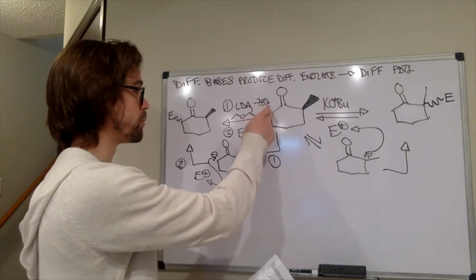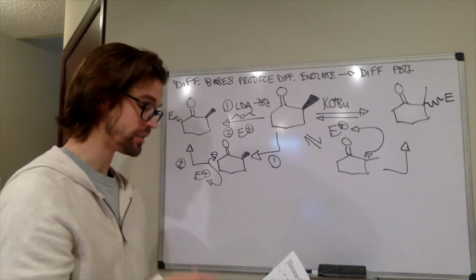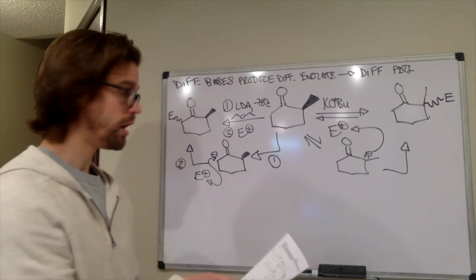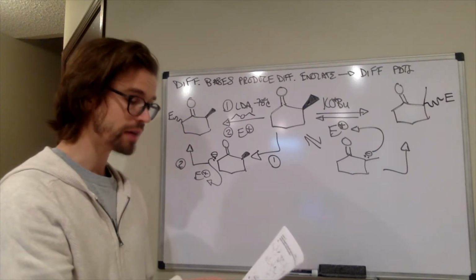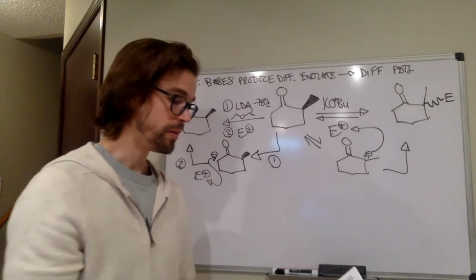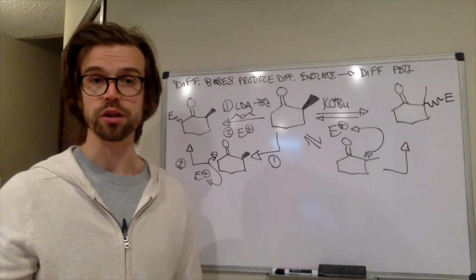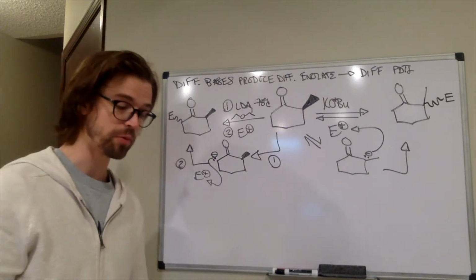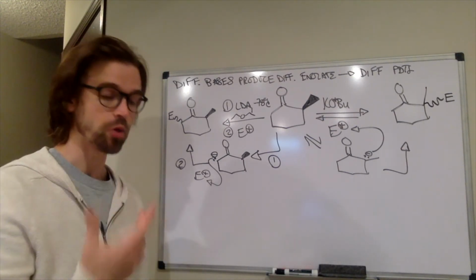So this is the more sterically accessible position. It happens faster. LDA produces the kinetic enolate because deprotonation is faster. Potassium tert-butoxide produces the thermodynamic enolate, this one, because deprotonation is in equilibrium. And when something is in an equilibrium, it is going to settle into the most stable option.